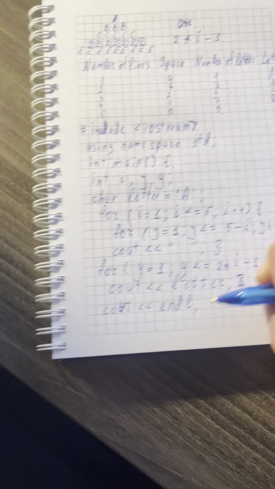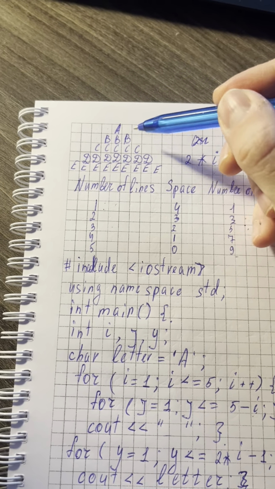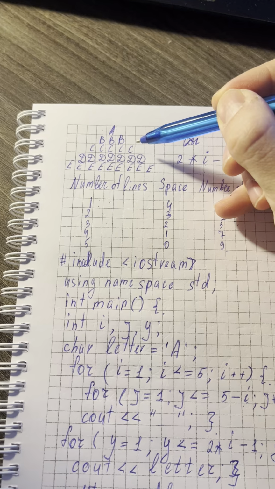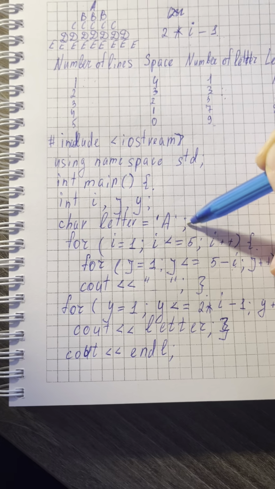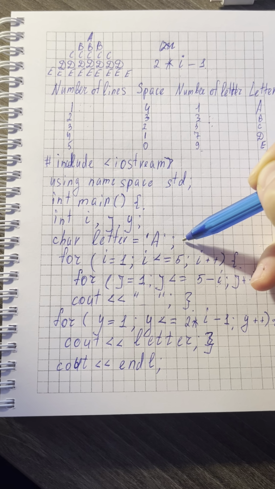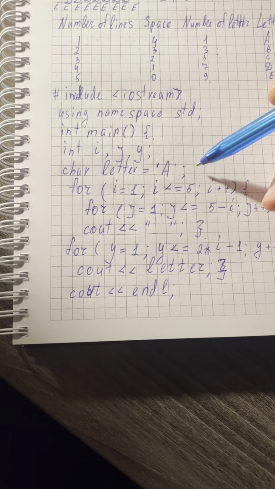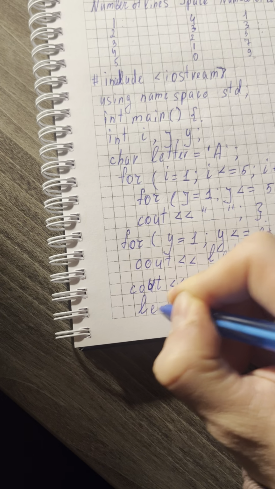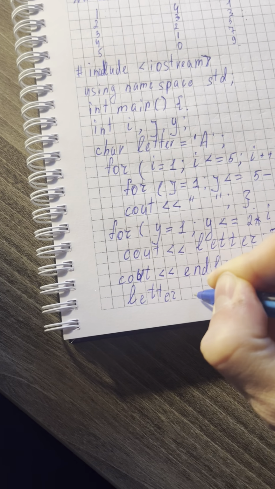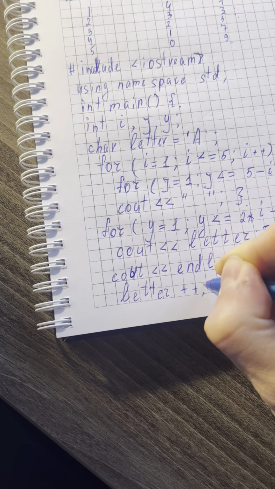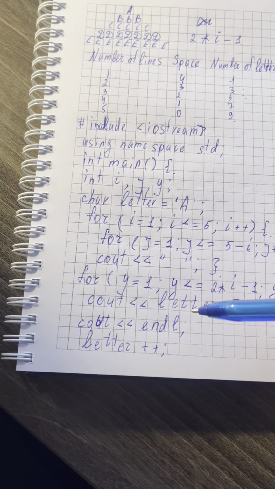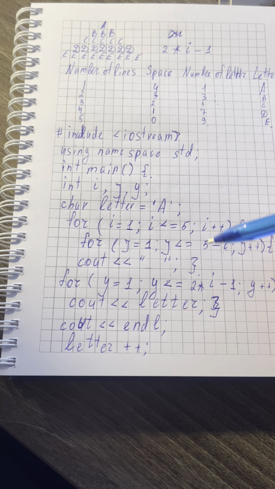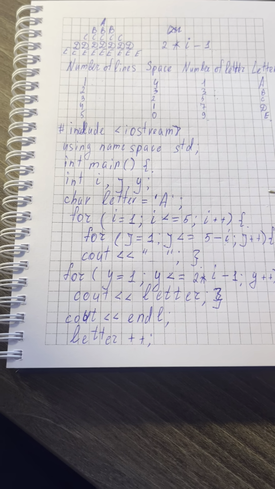And now we can see that in each line we use the next letter. I use this method because it's the simplest way to do this, because in each cycle we just write letter plus plus, and when our line finishes, in the next line we will have the next letter.